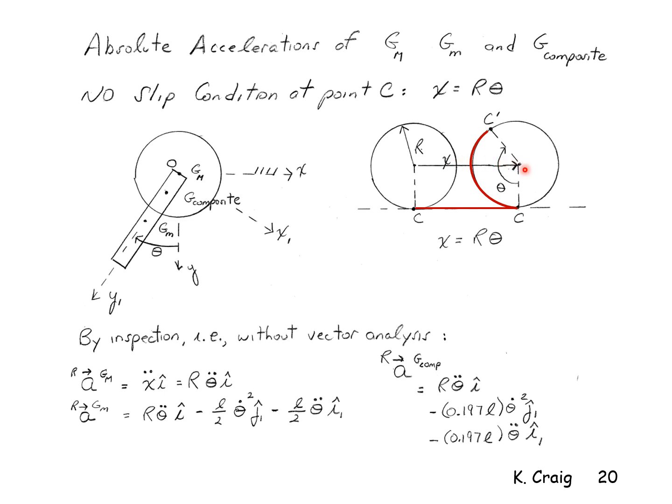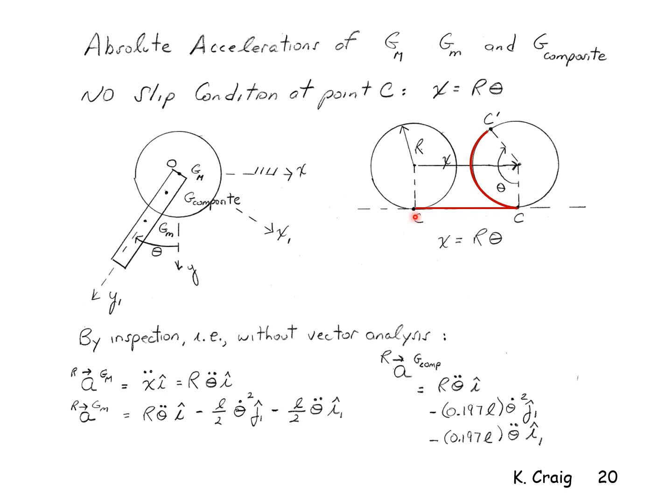That distance has to be the same distance as this curved portion on the disk that is the same length as the distance between the point C in the initial state and in the final state.